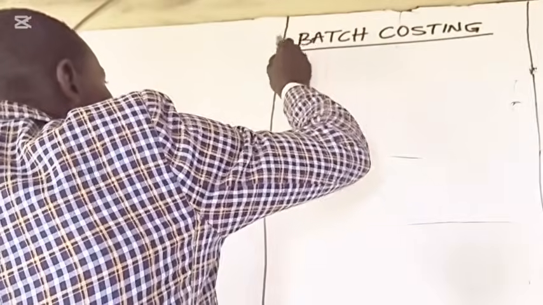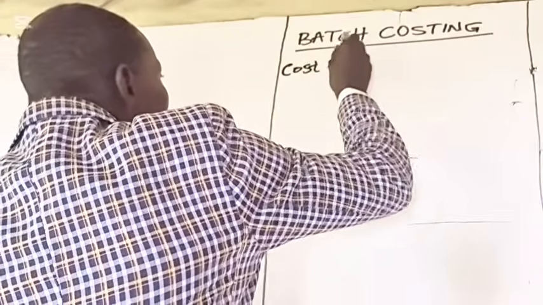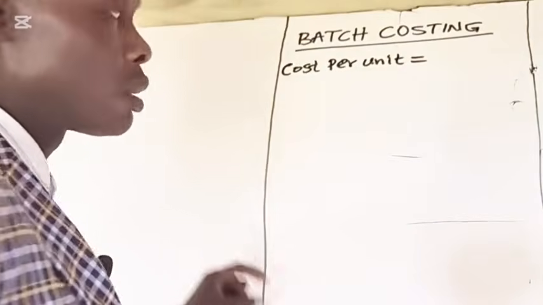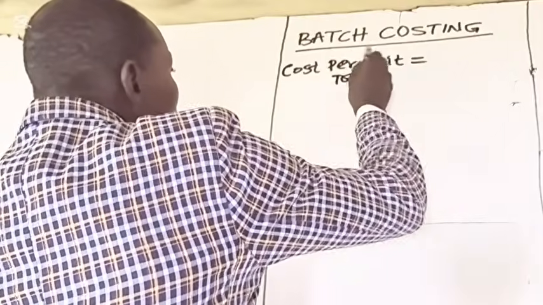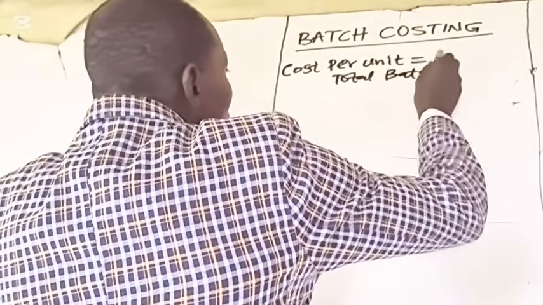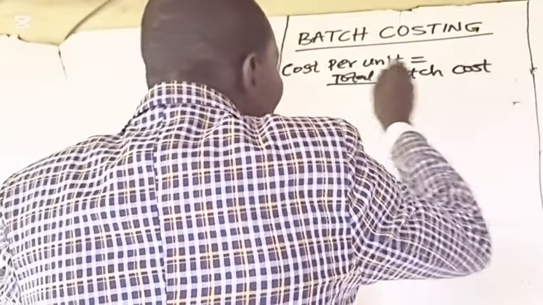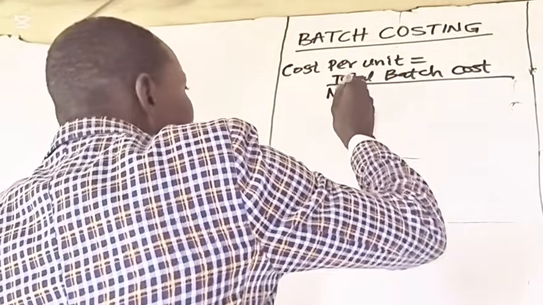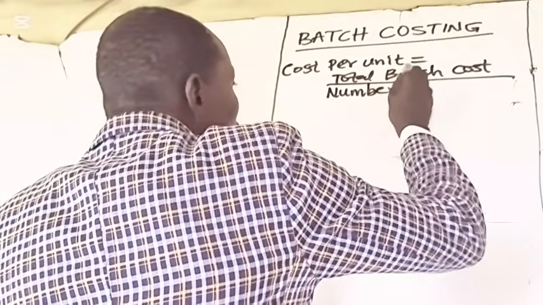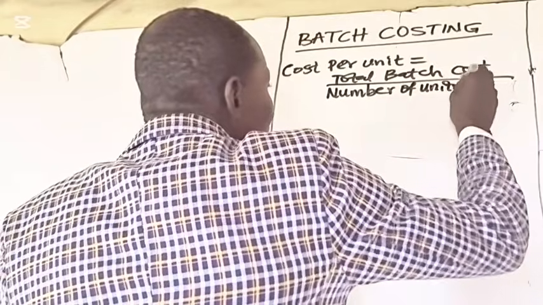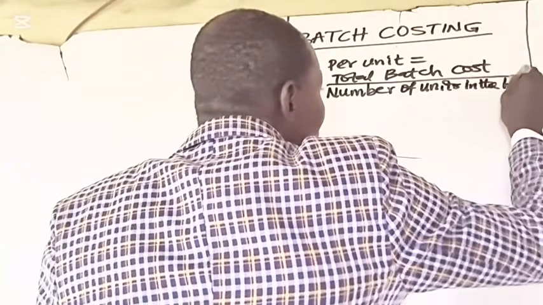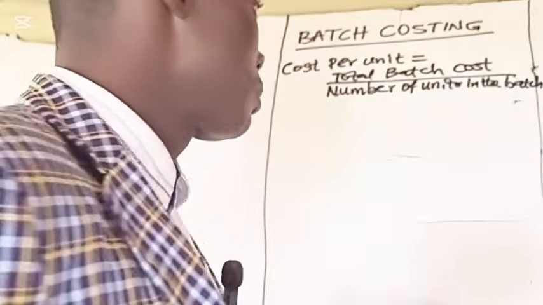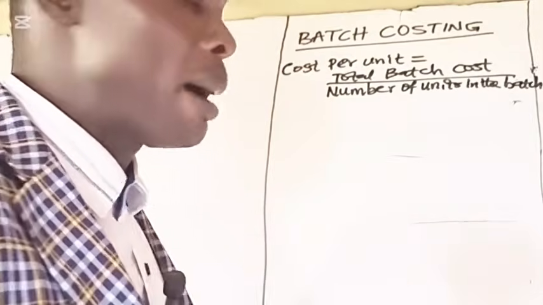To determine the cost per unit, cost per unit equals total batch cost divided by number of units in the batch.